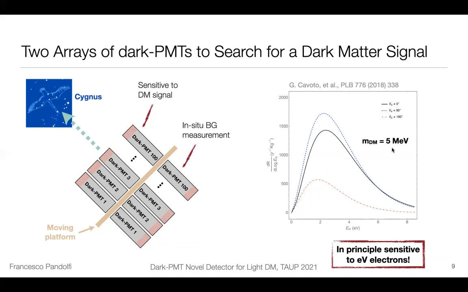And this is for a dark matter mass of 5 MeV. So this would prove that you would have a significantly higher count rate in these detectors compared to these other ones. And the other thing you have to see in this plot is that these are eV. So this type of detector design would be sensitive to electron recoils down to a few electron volts.